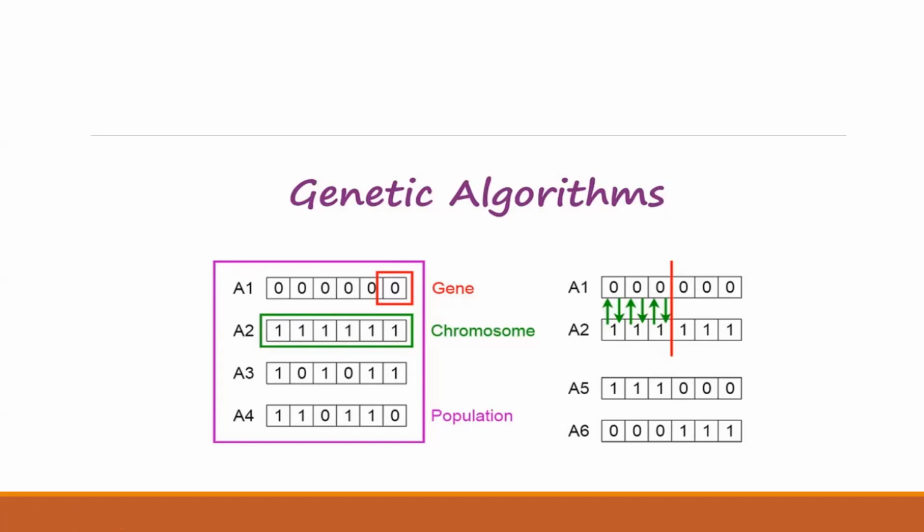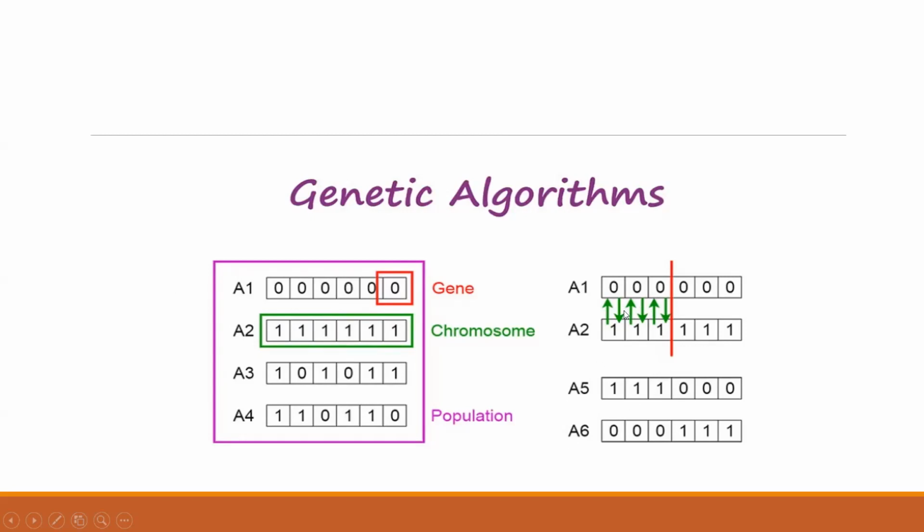Different operations are applied on the chromosomes to produce new offspring. In this population, we have chosen two chromosomes, and we have assumed A1 and A2 to be the fittest ones. We can see we are interchanging the bits to produce the new offspring. Now we have two new offspring, A5 and A6.